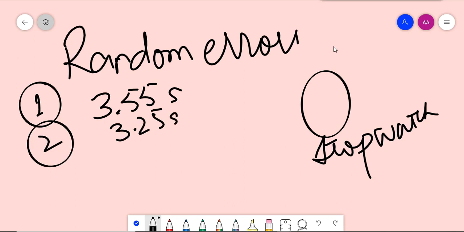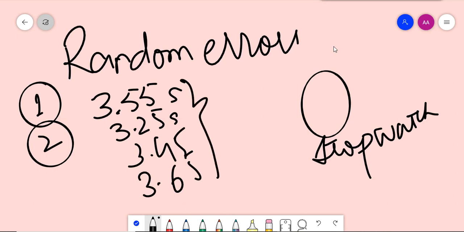You keep on experimenting and recording and estimating the event, and you get values like 3.55, 3.25, 3.45 and 3.65, all in the range of 3.